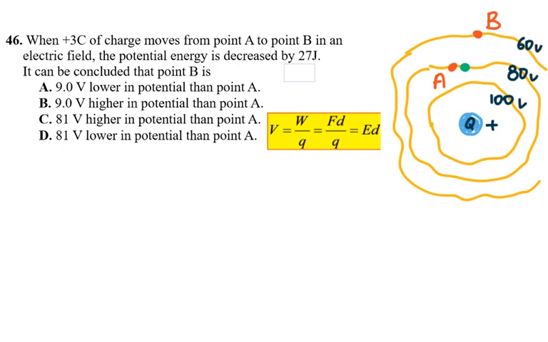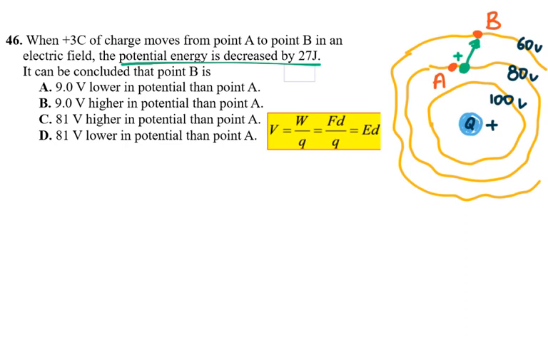And because the charge that they give you is positive 3 coulombs, when you move it away from A to B, your positive charge does not want to stay close to the positive charge. So when you move it away, it loses potential energy. So here we say it loses potential energy.